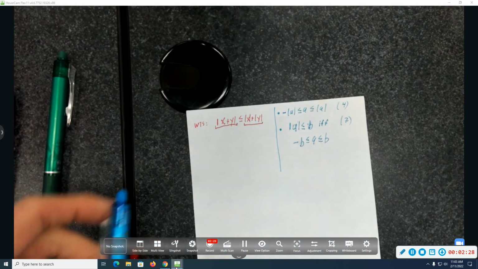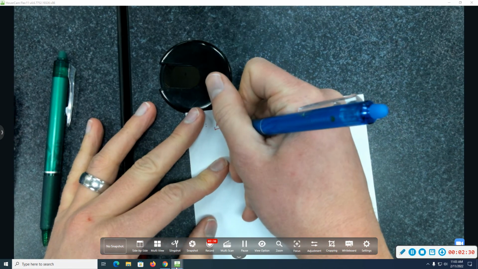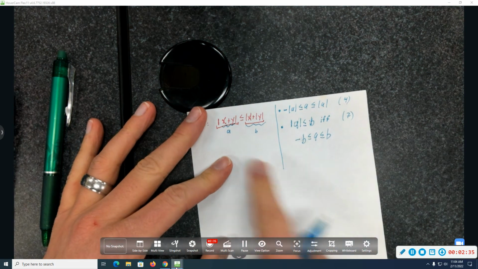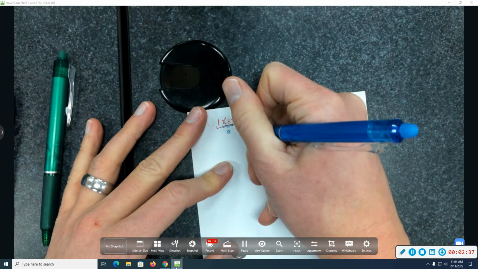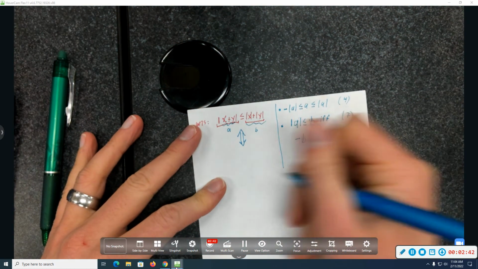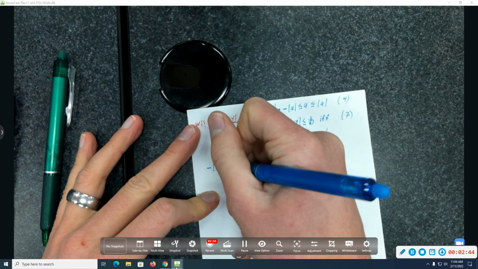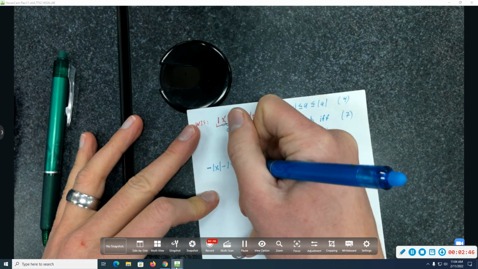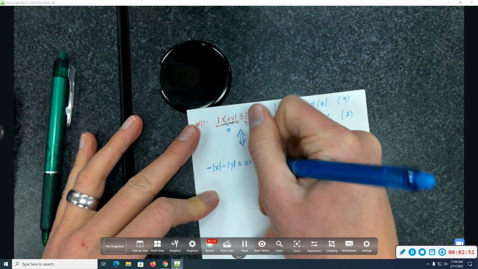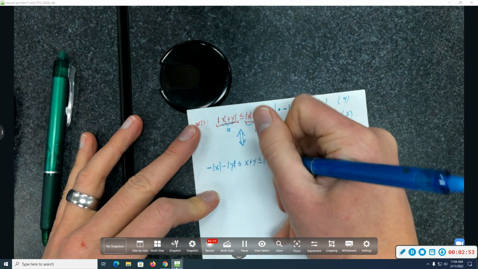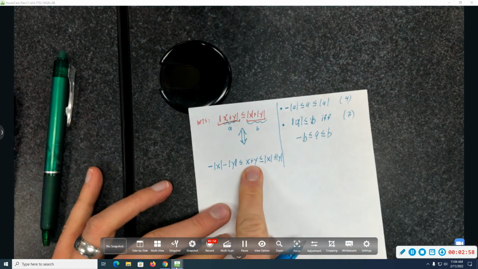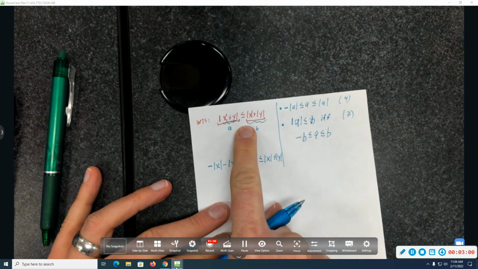So what if we were to use this x plus y as our a and all this stuff as our b? That would tell us this is less than or equal to this, if and only if negative absolute x plus absolute y, but distribute the negative sign. So if we could prove this, then we would be able to deduce that.